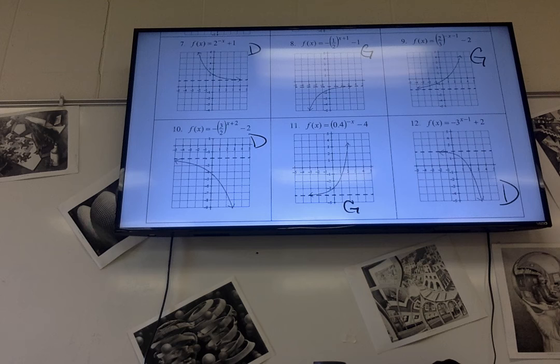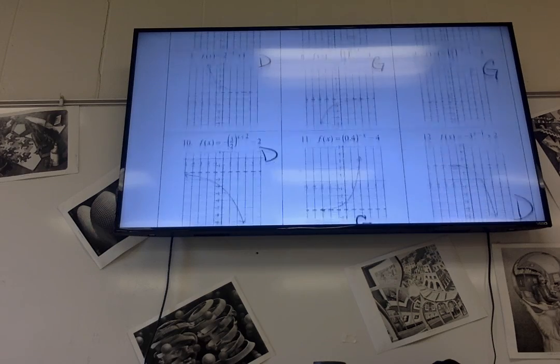It's pretty easy to look at the picture and tell if it's growth or decay. Might not be as straightforward to look at the equation and tell if it's growth or decay. There have to be a couple of things we look for.